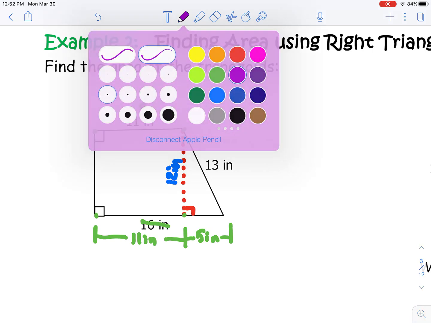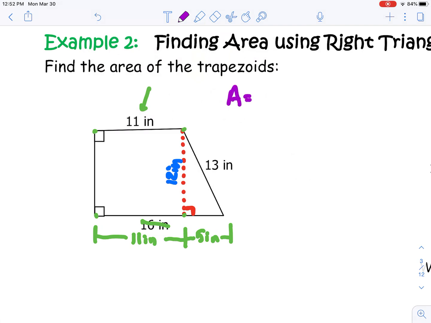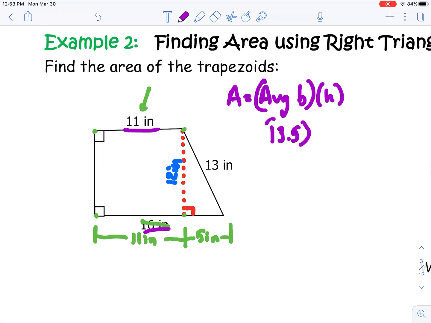Well, now I want to find the area of my trapezoid, but remember the area is just the average base times the height. What's our average base? Well, the average of 11 and 16 is 13.5. What's my height? Well, my height is 12.